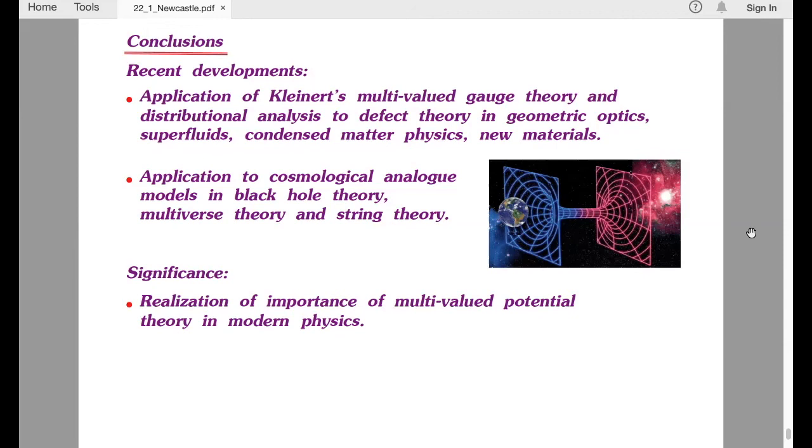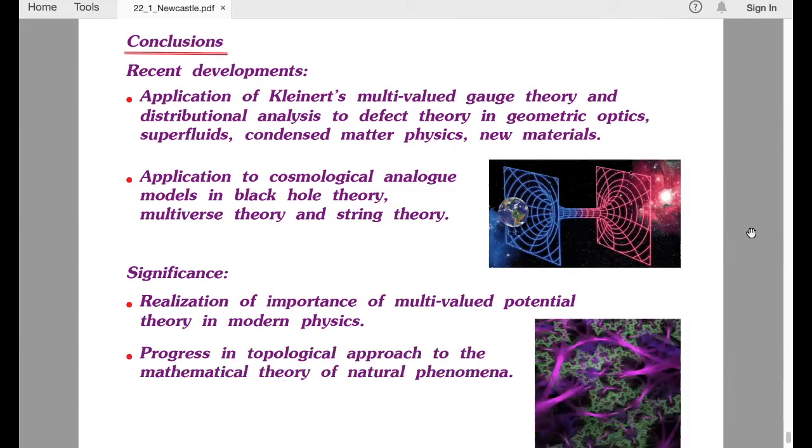You know, theoretical physicists and experimental physicists, even more so, have been extremely reluctant to regard potential theory as a physical theory. They thought for decades that it was just a mathematical tool for mathematicians, but Hanoff put in context the importance of potentials and the importance of topology in physics.